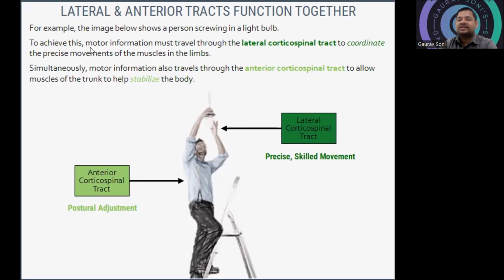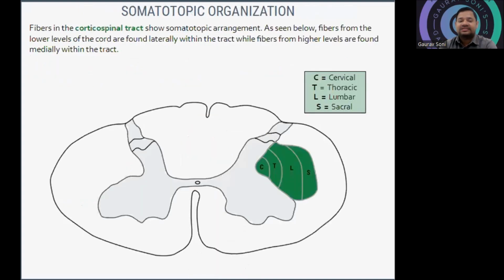So the image is very clear that the motor functions travel through the lateral corticospinal tract to coordinate the precise movement of muscles in the limb. Simultaneously, motor information also travels to the anterior corticospinal tract to allow the muscles of the trunk to help in the stabilization of the body. So both are going to act simultaneously.